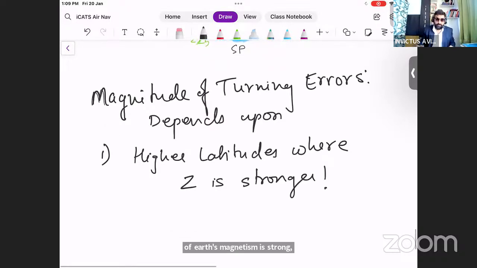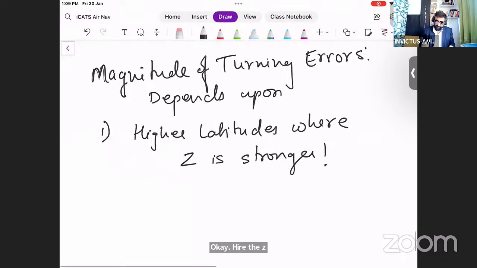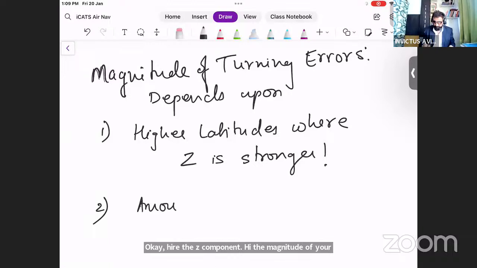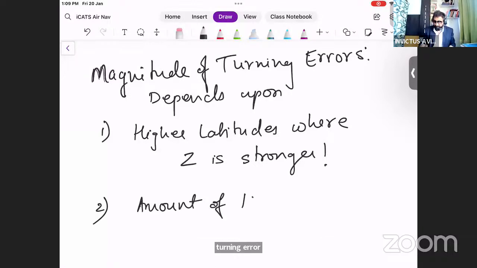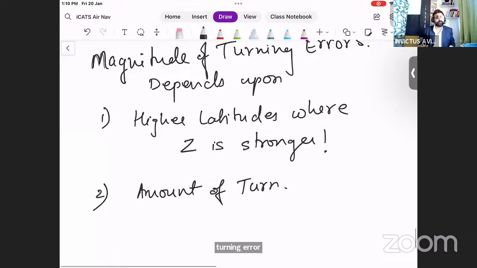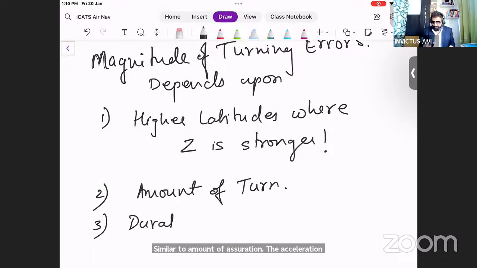So higher the latitude, higher the magnitude of your turning error. Okay. Higher the Z component, higher the magnitude of your turning error. Number two, amount of turn itself, similar to amount of acceleration, deceleration. Number three, duration of the turn also.